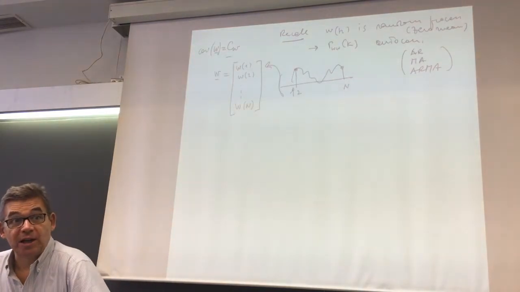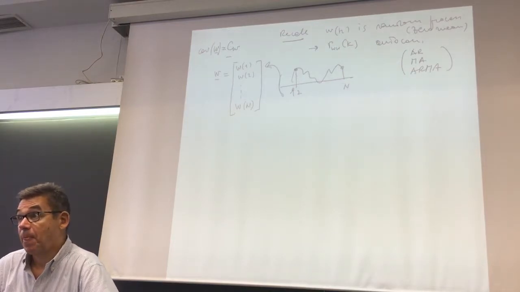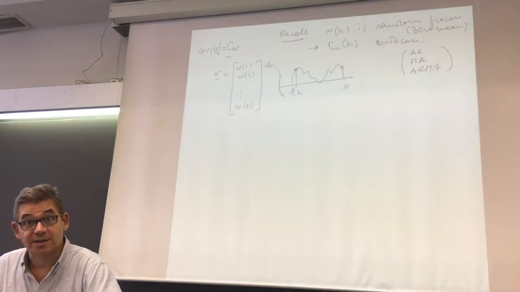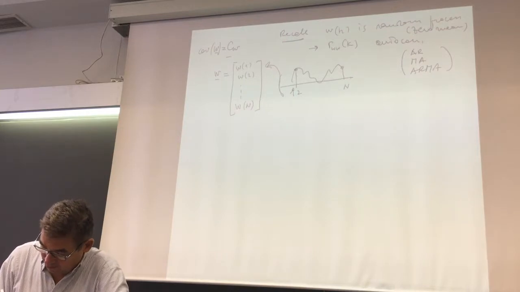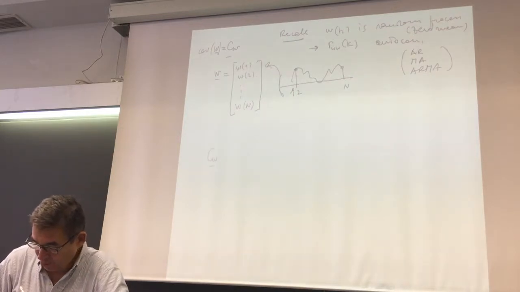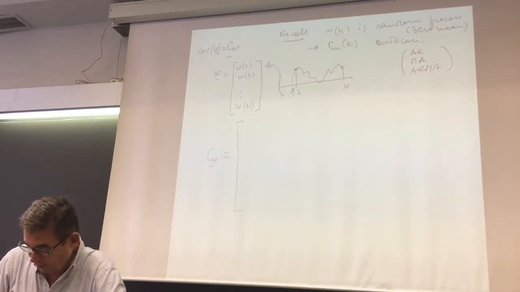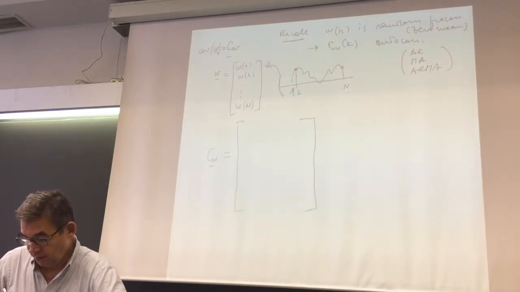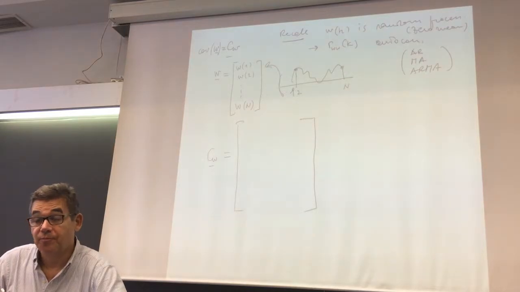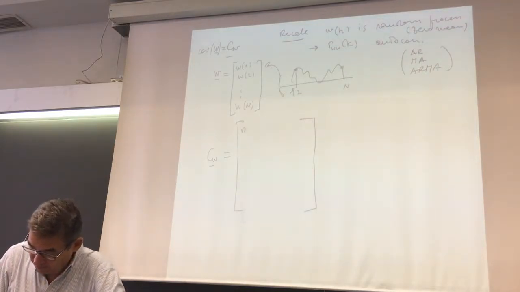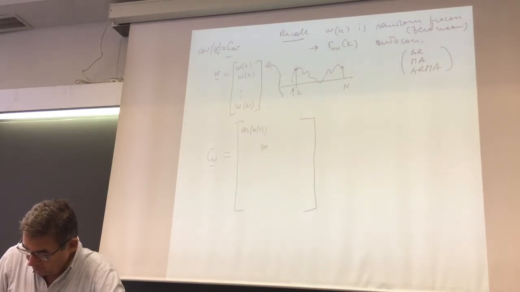Now, if I want to get my covariance, how is the covariance in this case? The covariance CW contains along the diagonal the variance of each term. So it is the variance of W1, variance of W2, variance of Wn.